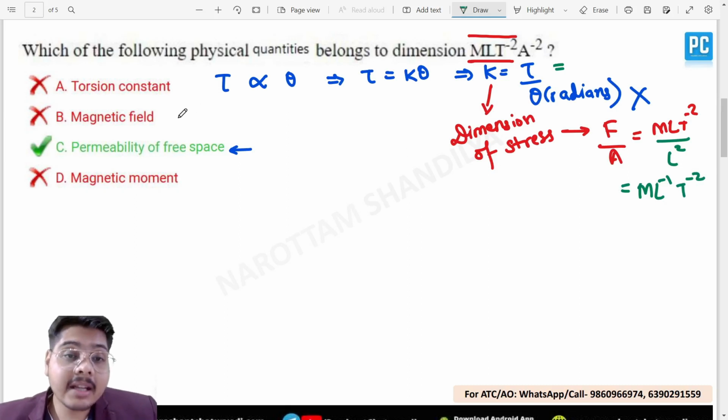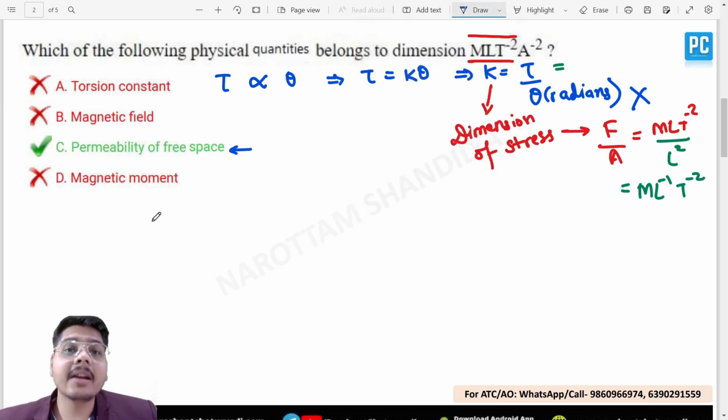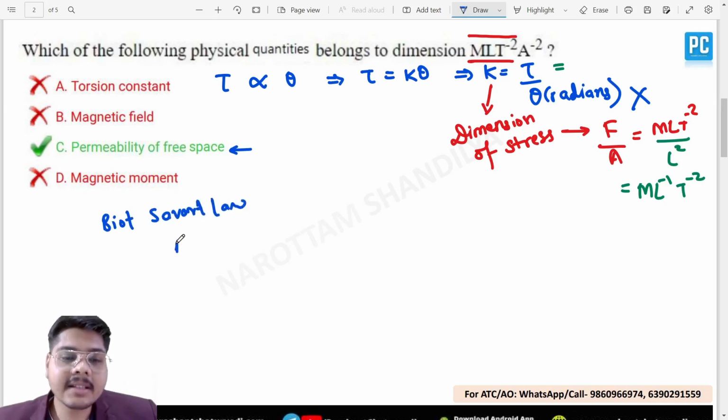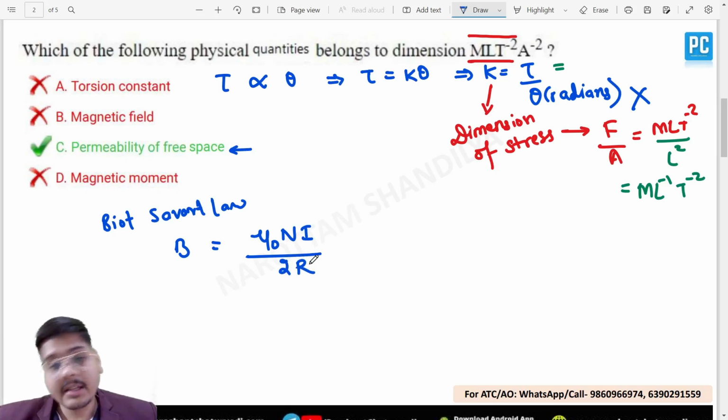Further, magnetic field. For magnetic field, simply remember the Biot-Savart law. What exactly does it say? The magnetic field intensity will be equal to mu naught Ni upon 2R. This is the simplest formula.